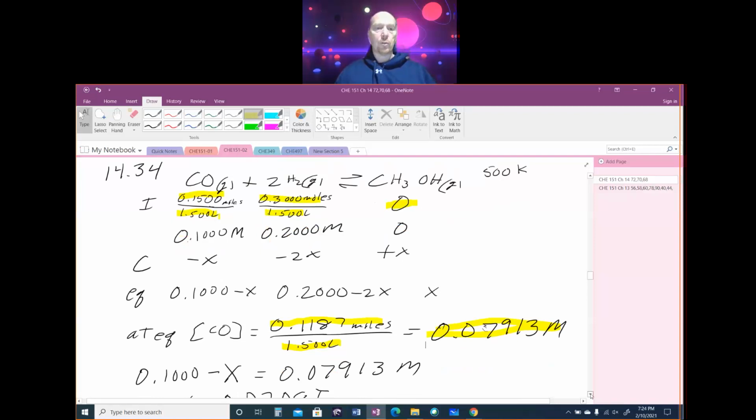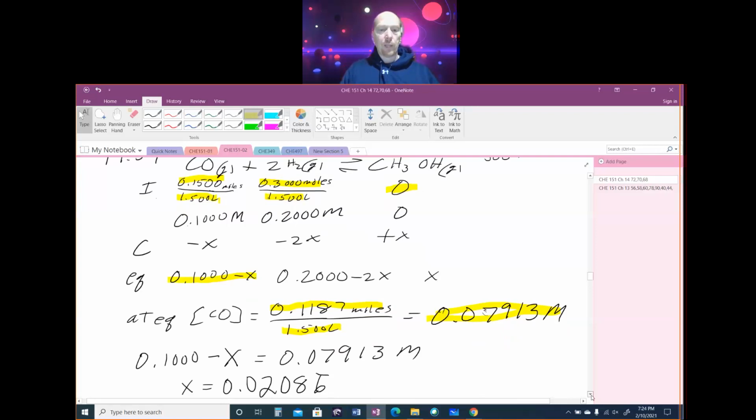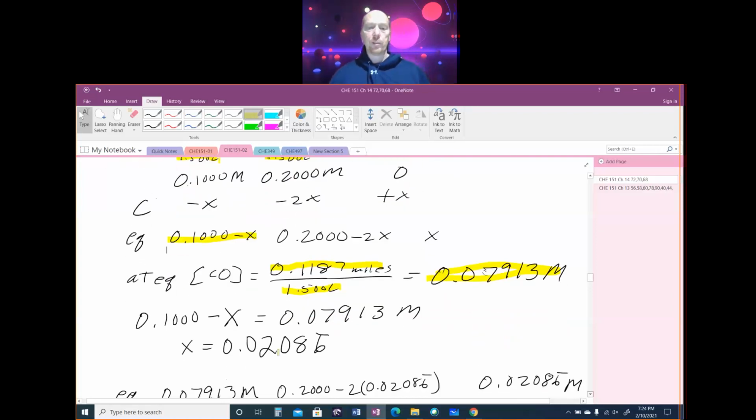All right, and so we also know that that's equal to 0.1 minus x. So our CO concentration at equilibrium is equal to 0.1 minus x, and that's equal to 0.07913. So we can then solve for x. So when we take our 0.1 minus x is equal to the 0.07913 molar, we get our x value of 0.02086. The 6 is repeating.